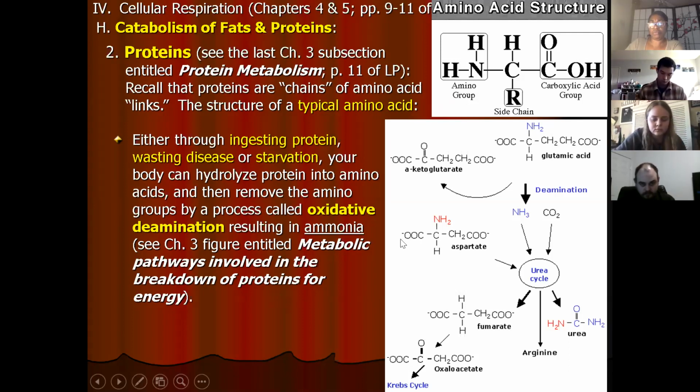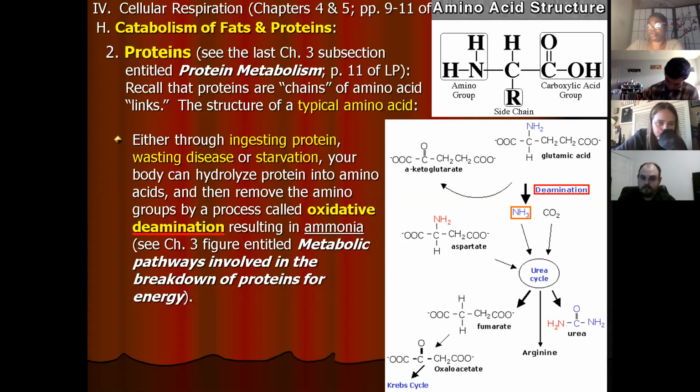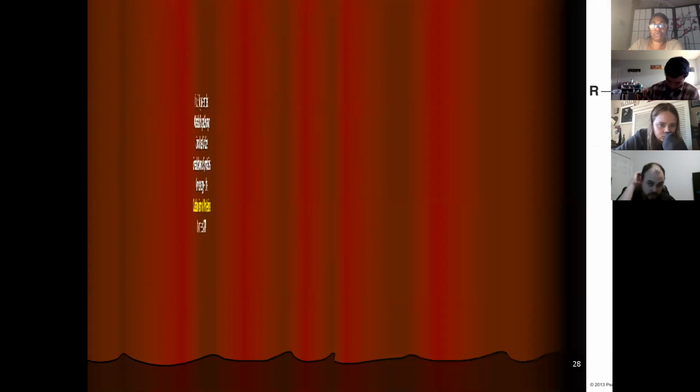When you take off that amino group, it's called oxidative deamination. Now all you have are carbons. And those carbons can be used in a variety of ways. But first you got to take off the nitrogen from the NCC. Now you just have CC, you got carbons.